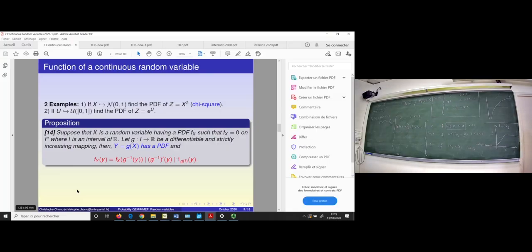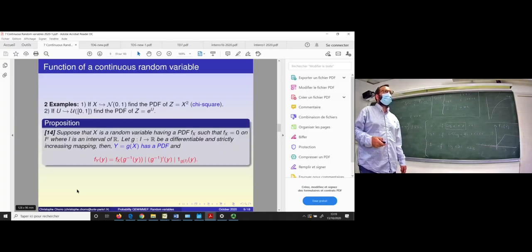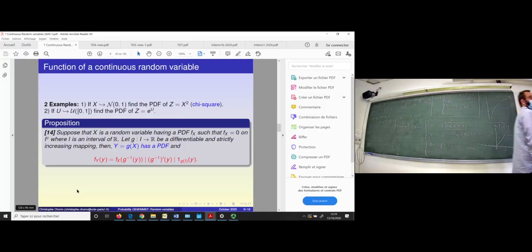So if you want to apply this formula, check that all these statements are okay before doing it. And I repeat that a good exercise, if you want to handle this proposition 14, is to apply it in order to solve the previous proposition and the previous example we have seen together. Okay?